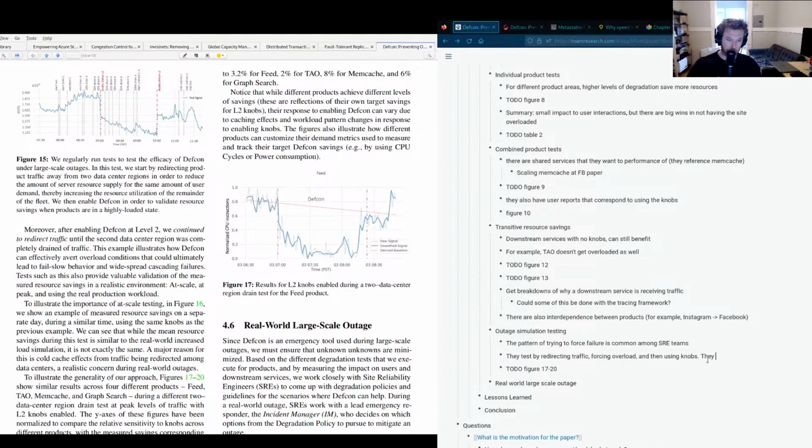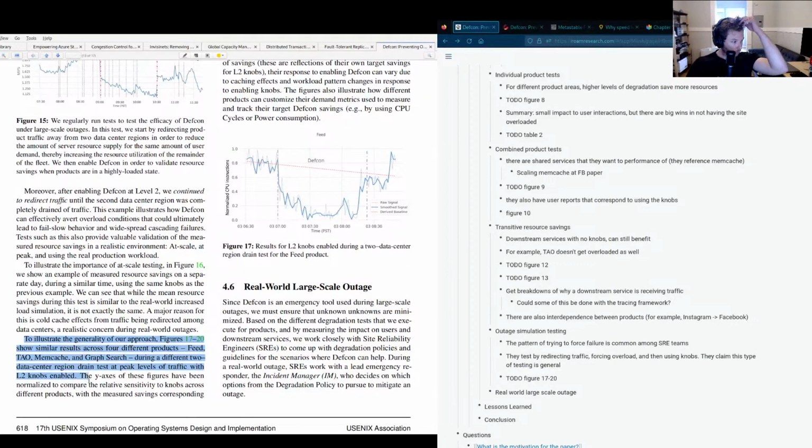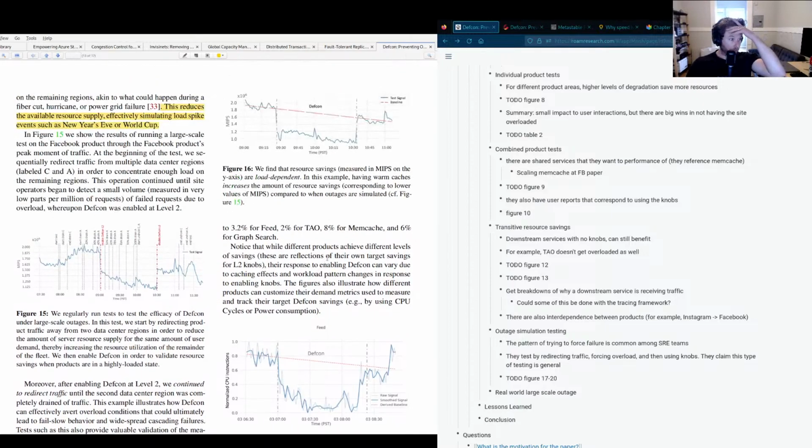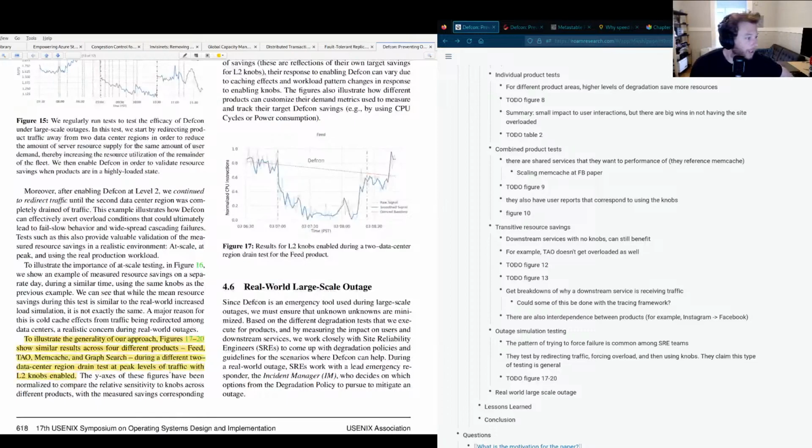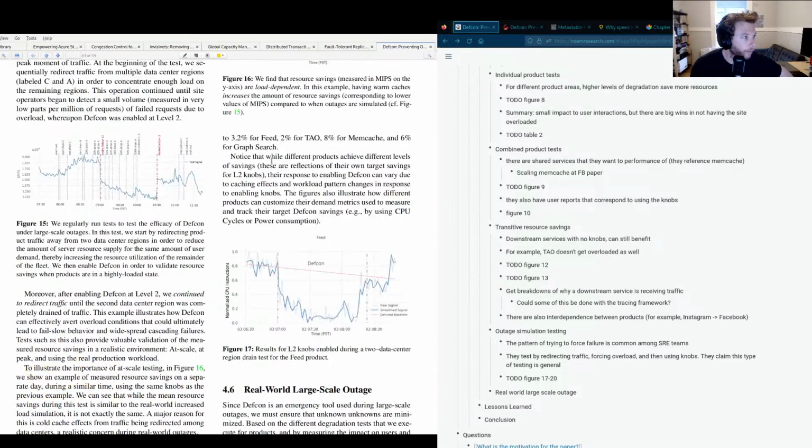They claim it's also, it's very interesting because they're talking about turning on knobs changes 3.2% for feed resource usage, 2% for tau, 8% for memcache, and 6% for graph source.